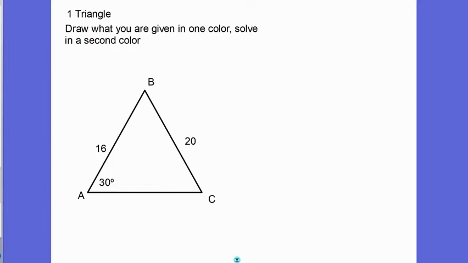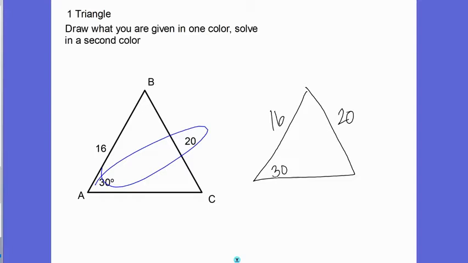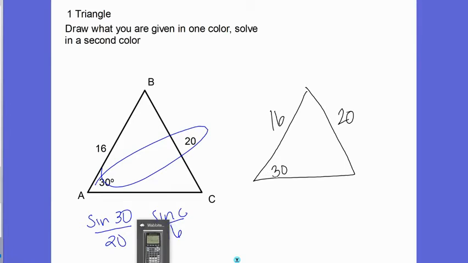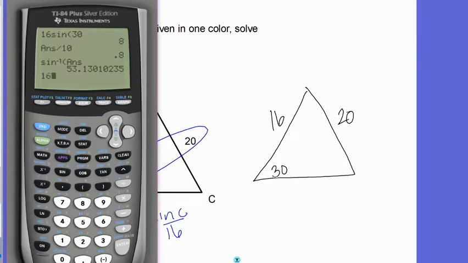So again, I would have prepared myself to set this up and drawn 16, 20, and 30. Just have my 2 triangles ready. Do this one first. So sine of 30 over 20 equals sine C over 16. So I'm going to go 16 sine 30 divided by 20 this time.